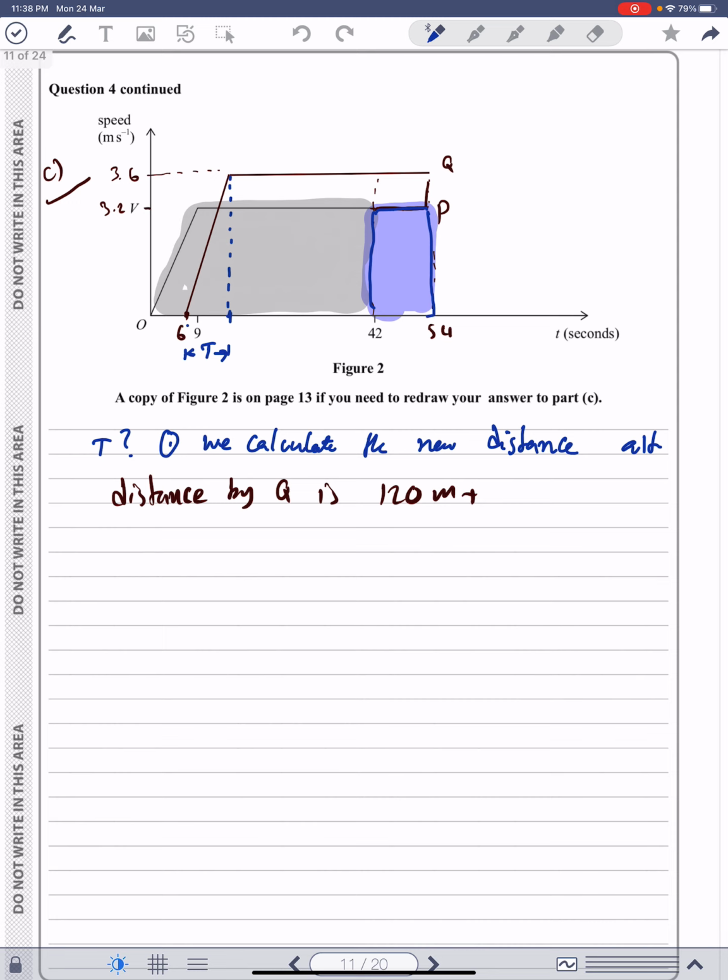We know V is 3.2, so this dimension is 3.2, and the difference of time is 12 seconds, which is 3.2 times 12. So the total distance required is, in the calculator, 120 plus 38.4, which is 158.4 meters.